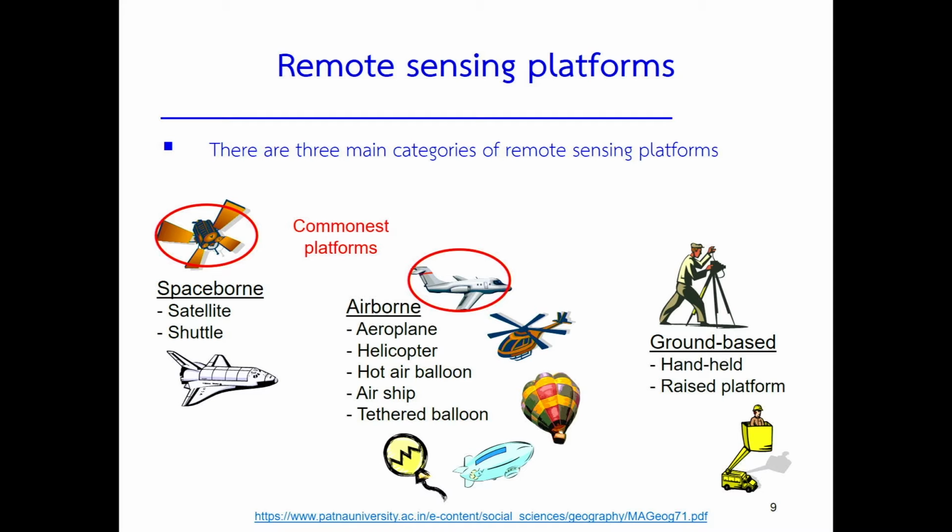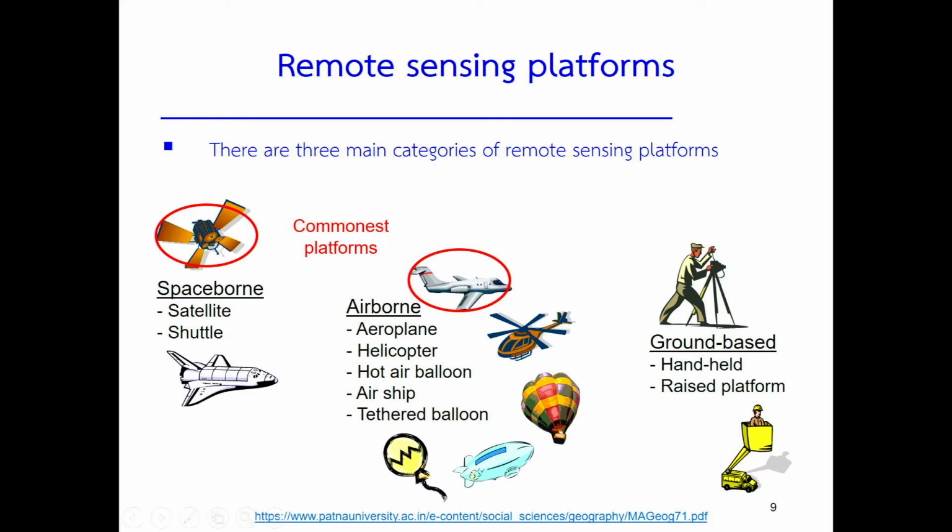Spaceborne means a satellite or shuttle, a satellite in space, out of the Earth. This is quite the most common platform. It's easy to use, and it's quite popular to take images from this platform.